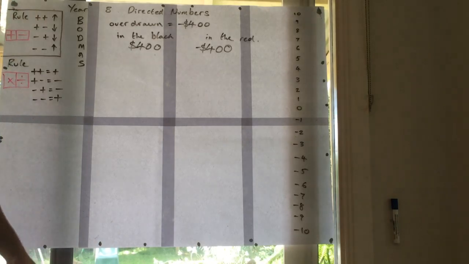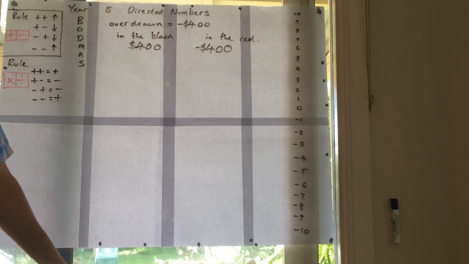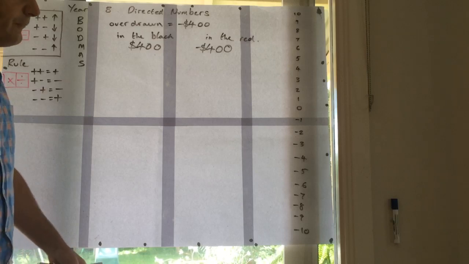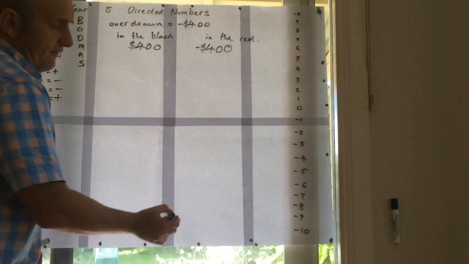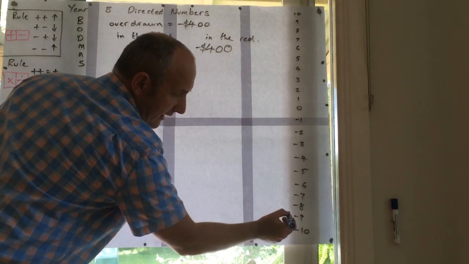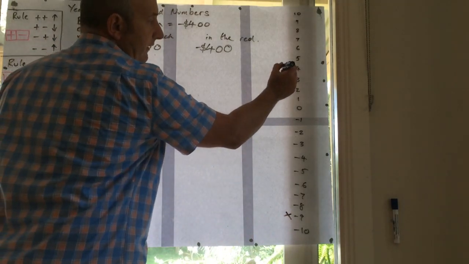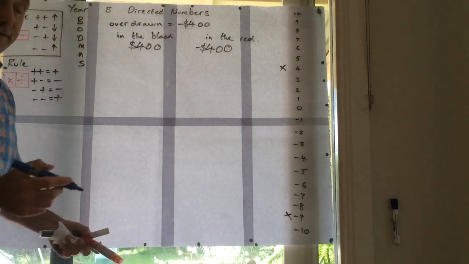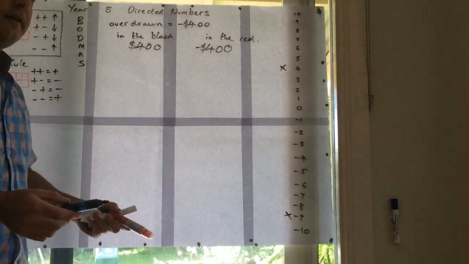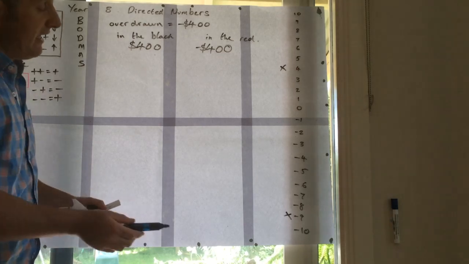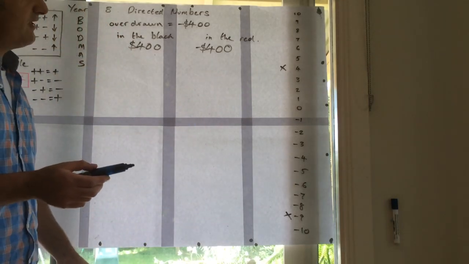So if it's negative 9 degrees tonight, and in the morning the temperature is 5 degrees, here's the temperature on a night, here's the temperature on a morning. What is the difference in temperature? Lots of people think, oh, negative 9, 5, yeah, it's 5 degrees difference.